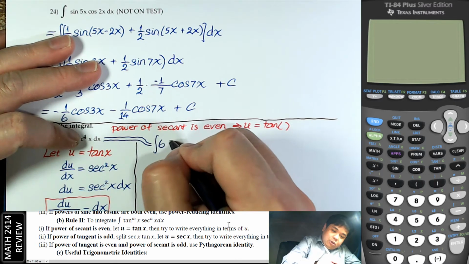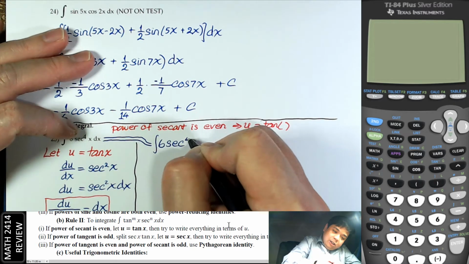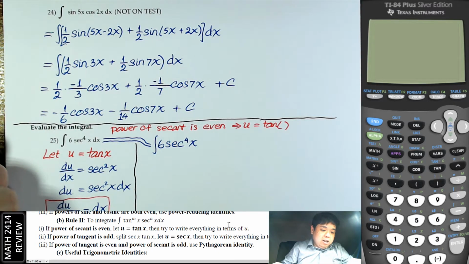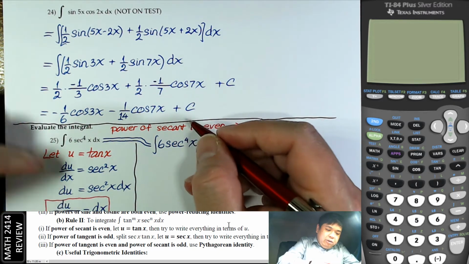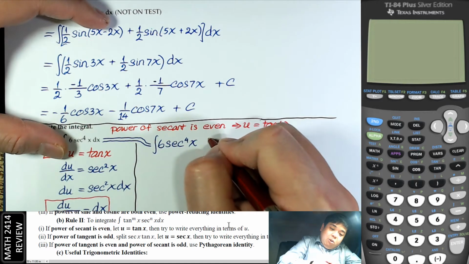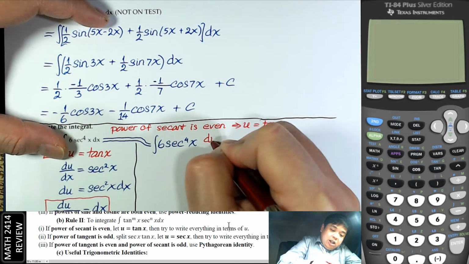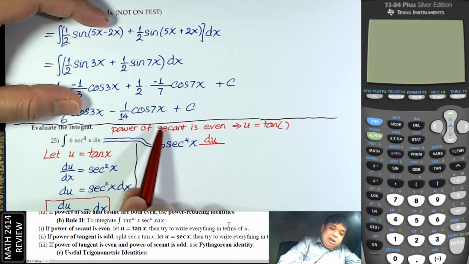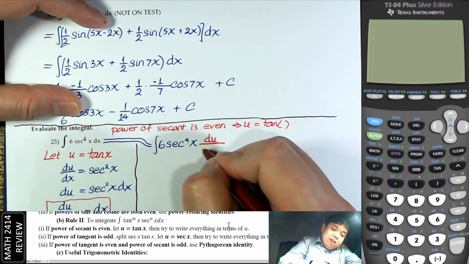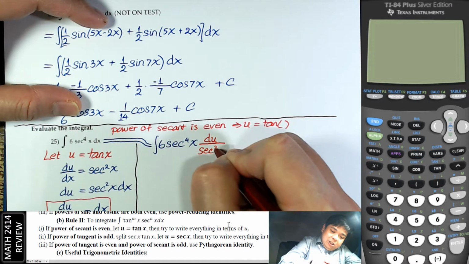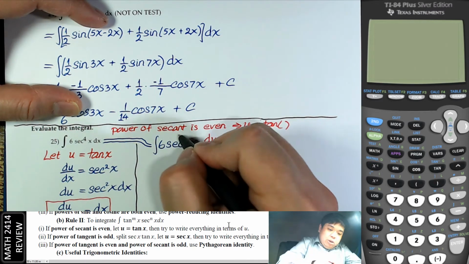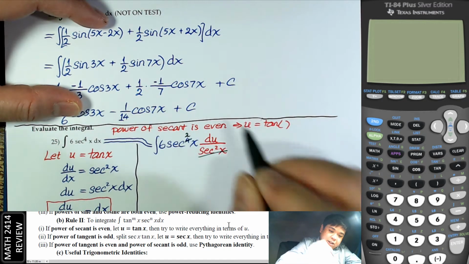Now secant to the fourth power of x dx is that. Again, we don't even have tangent here, but don't worry, the rule is very clear. The tangent will show up later. Now the secant square cancels with the 4 of them, so there will be 2 left.